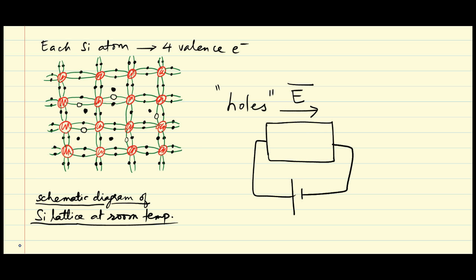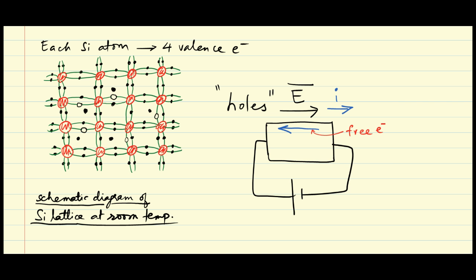As discussed earlier, the free electrons, these electrons over here which are liberated from their parent atoms, and in the energy diagram are the ones that have gone to the conduction band, move from right to left, contributing towards an electric current from left to right. So this current contribution comes from the free electrons in the conduction band.